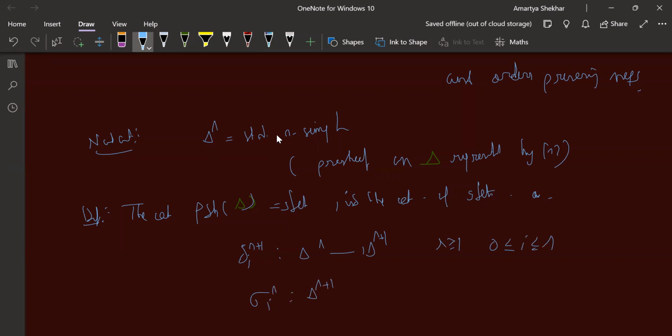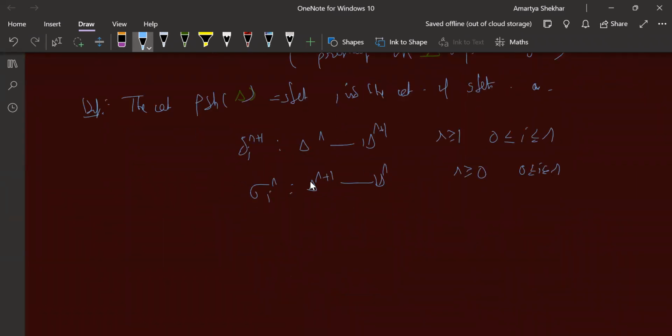Let me check that I've not missed the notation. Yes, seems to be fine. This is kind of obvious, but let me write this.